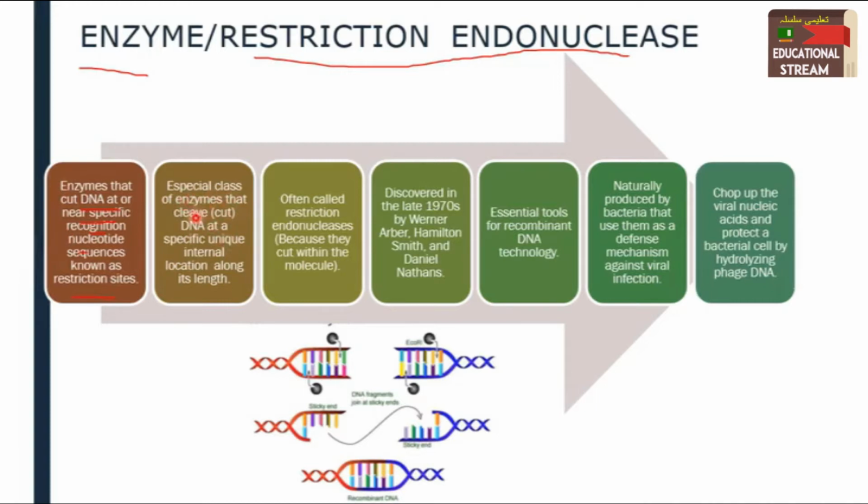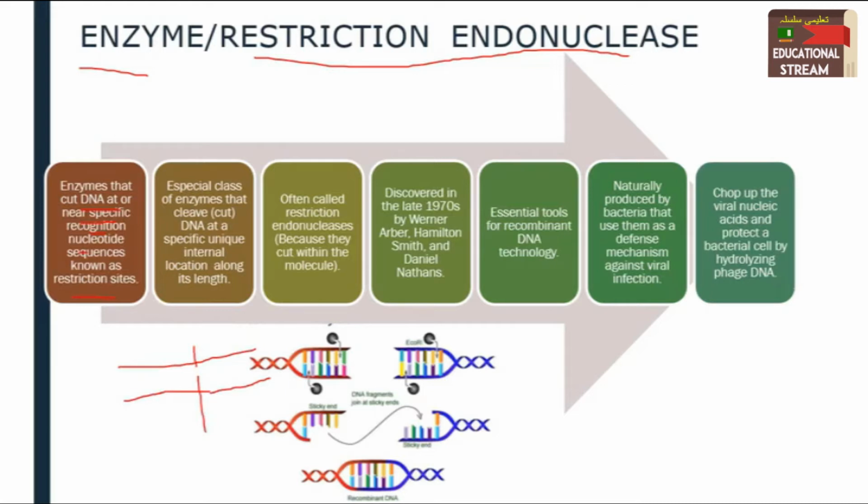Endonucleases are a special class of enzymes, because different classes of nucleases are present, which include exonucleases as well as endonucleases. Endonucleases cut the DNA at specific unique internal locations along its length. For instance, if it is double-stranded DNA, it will make an internal cut within the sequence.